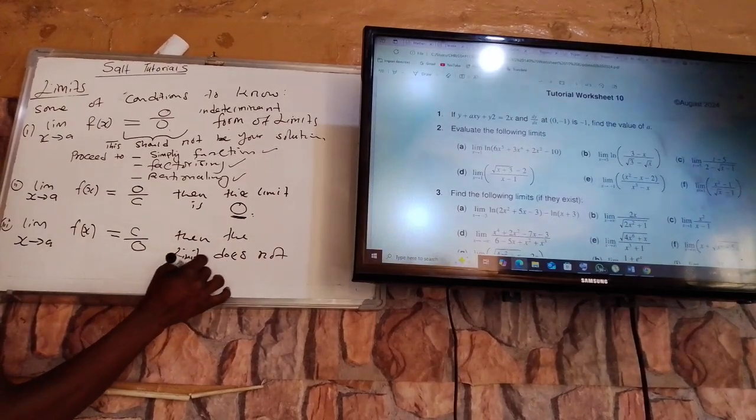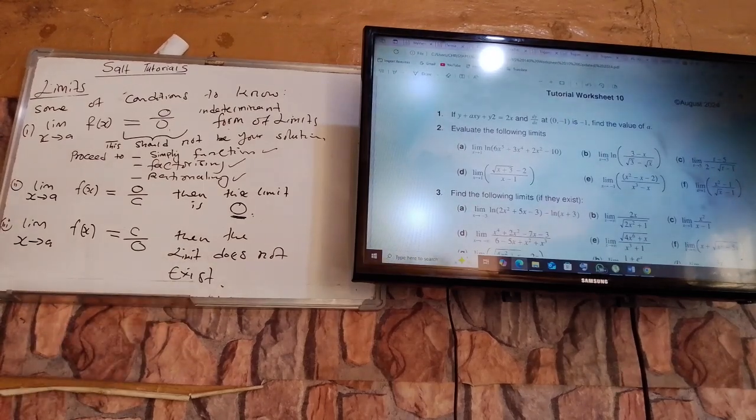So these are the three things you have to understand when it comes to a limit at a point.